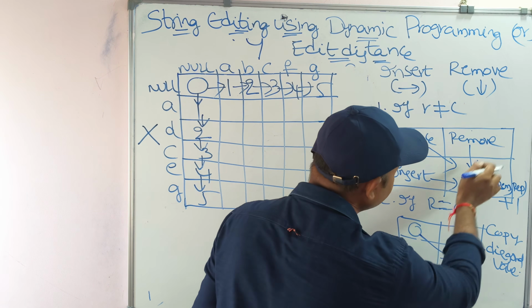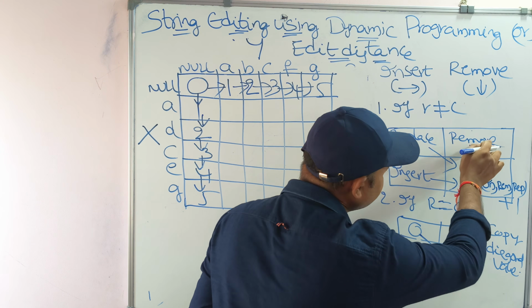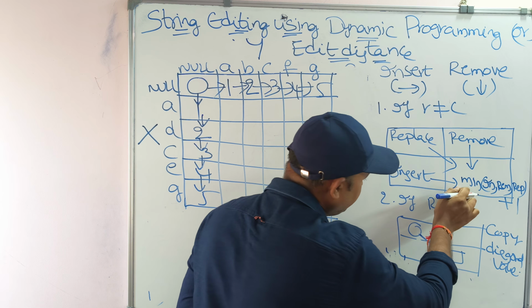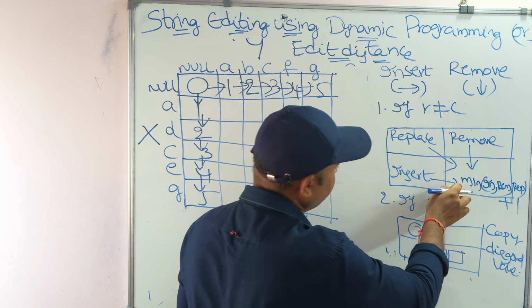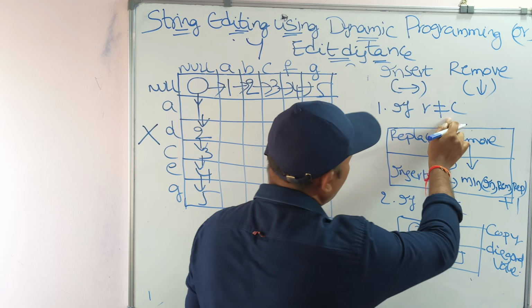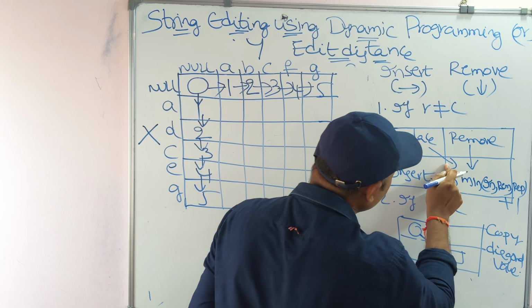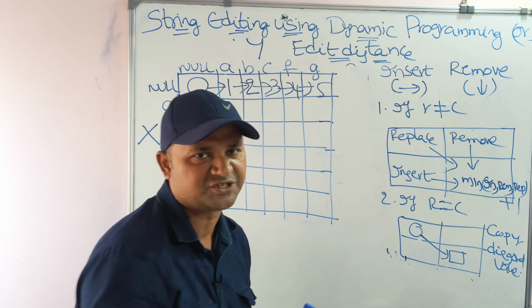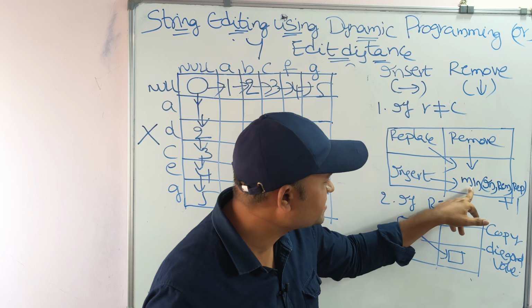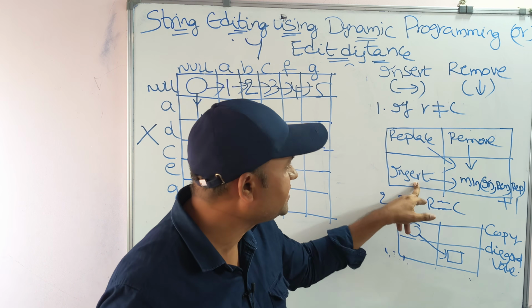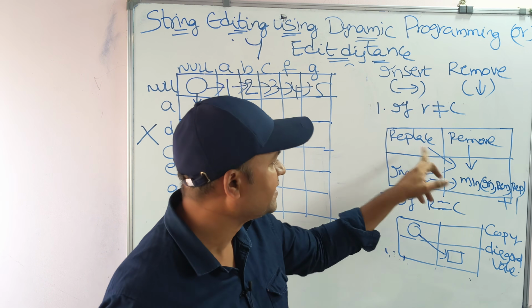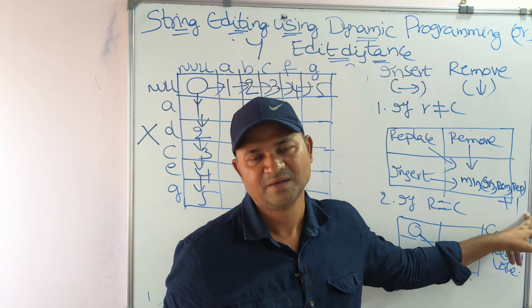Here this vertical arrow represents remove operation. This horizontal arrow represents insert operation. Whereas if row not equal to column, if the characters mismatch, then the diagonal represents replace operation. Here the formula is minimum of insert, remove, replace plus 1.